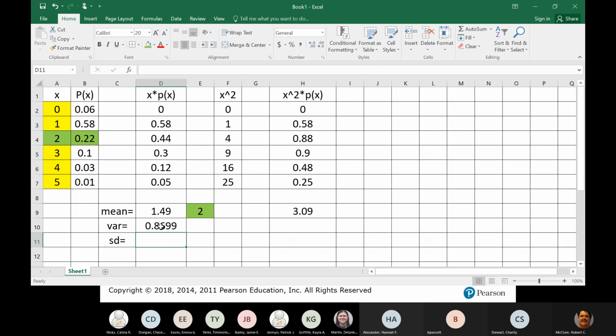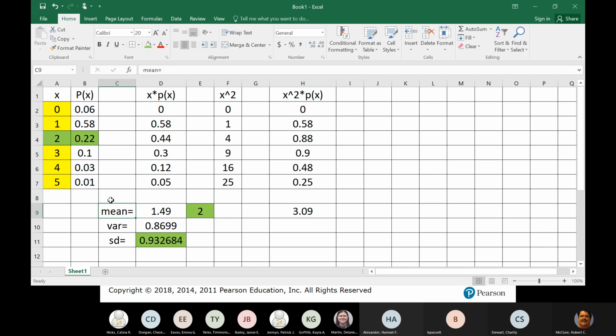Or I'm going to raise 0.8699 to the 0.5 power. Either one will give you the same answer. And that is my standard deviation. So now I've got a mean of 2 and a standard deviation of 0.932.